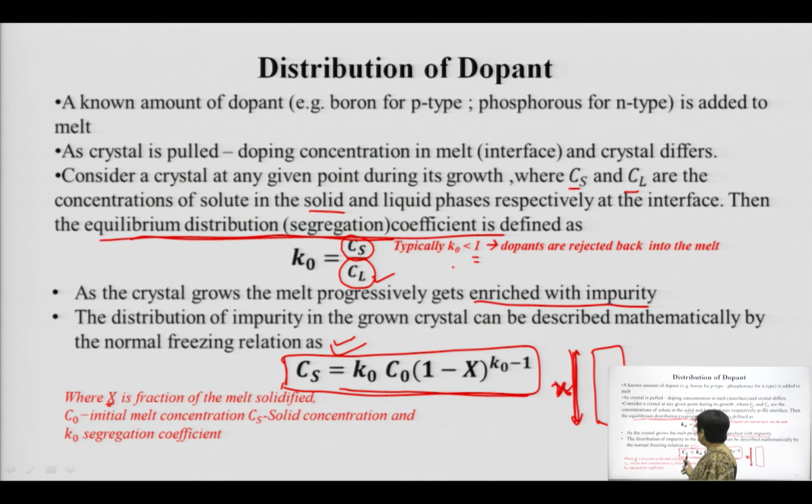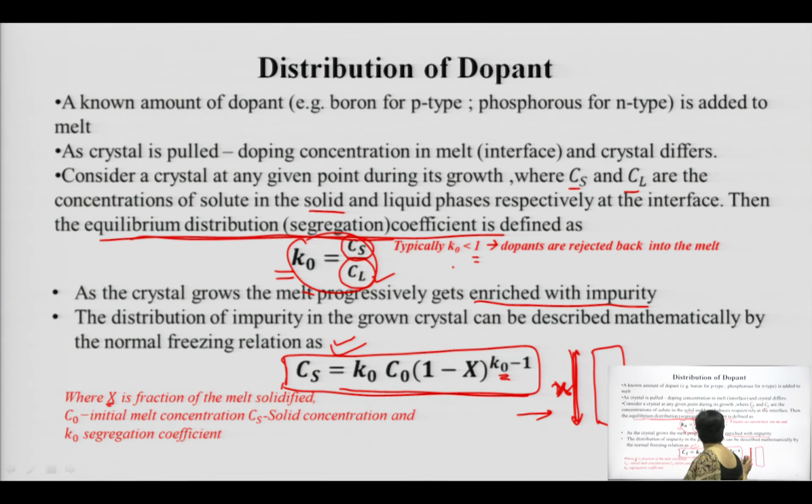This equation is basically Cs = K0 C0 (1 - x)^(K0 - 1). Now, this K0 is nothing but the ratio of impurities in the solid and liquid, and therefore, the ratio is equally important, which is deciding the growth of the silicon ingot from the molten silicon.